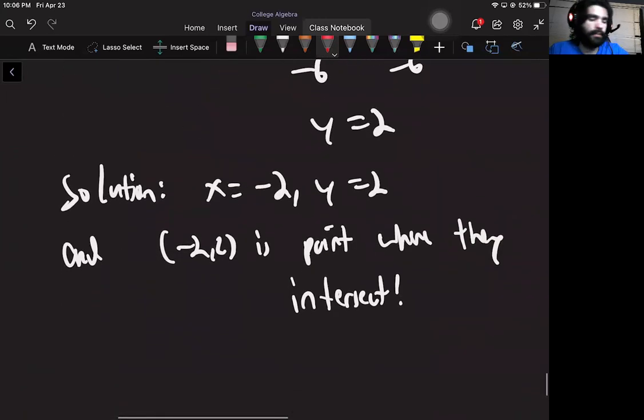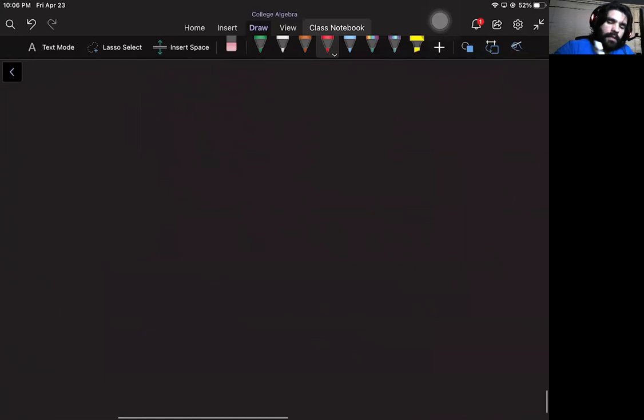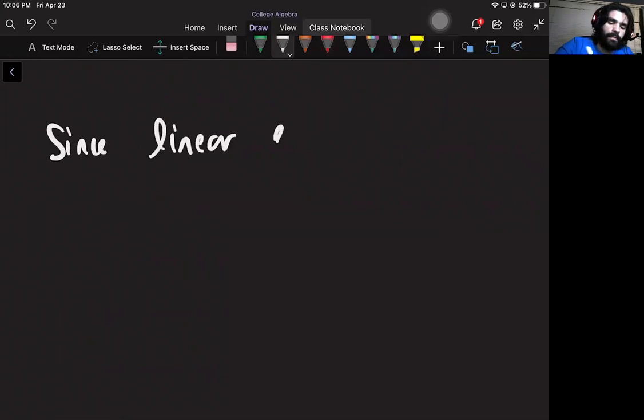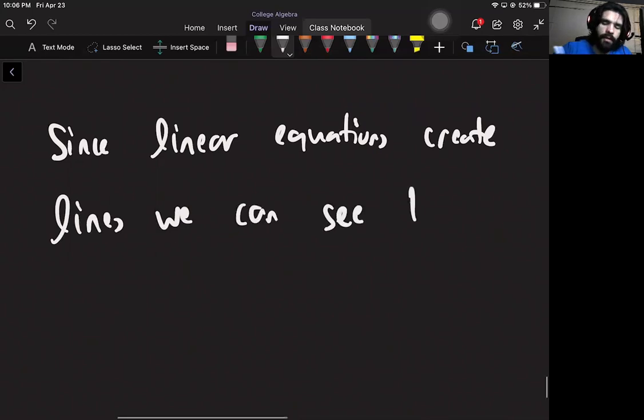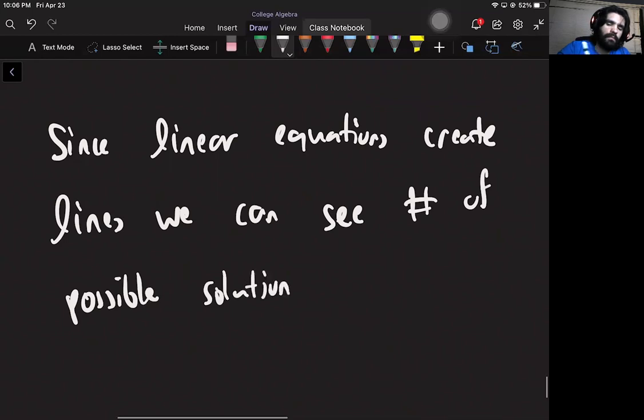Because what I want to do next is describe different situations that could happen. So since linear equations create lines when we graph them, we can just visualize very easily the number of possible solutions in different situations.